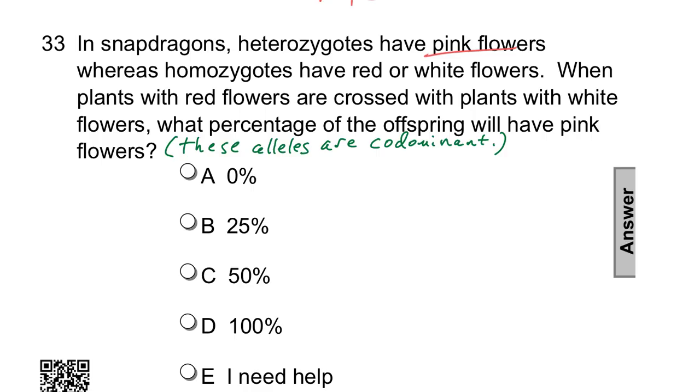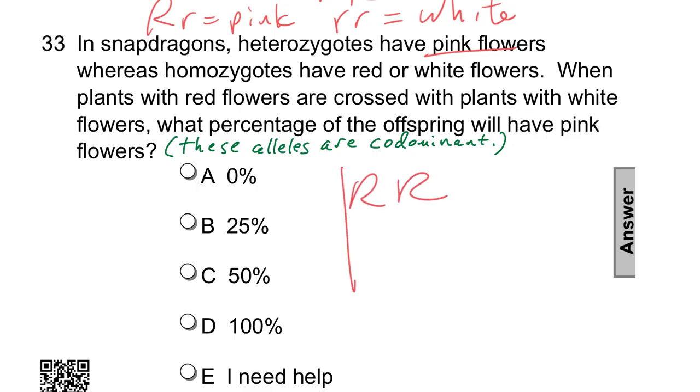Little r is white. And heterozygous is pink. Again, this is incomplete dominance. You got blending. When plants with red flowers are crossed with plants with white flowers. So here's the red with white flowers.